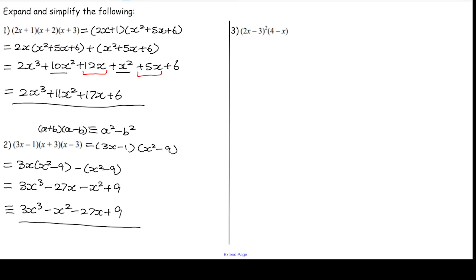Last question here. In all of the examples, we looked at expanding just the last two brackets. But in this case, it's ideal to expand the completed square, since that is of the form 2x minus 3 times 2x minus 3. How did we expand completed squares?